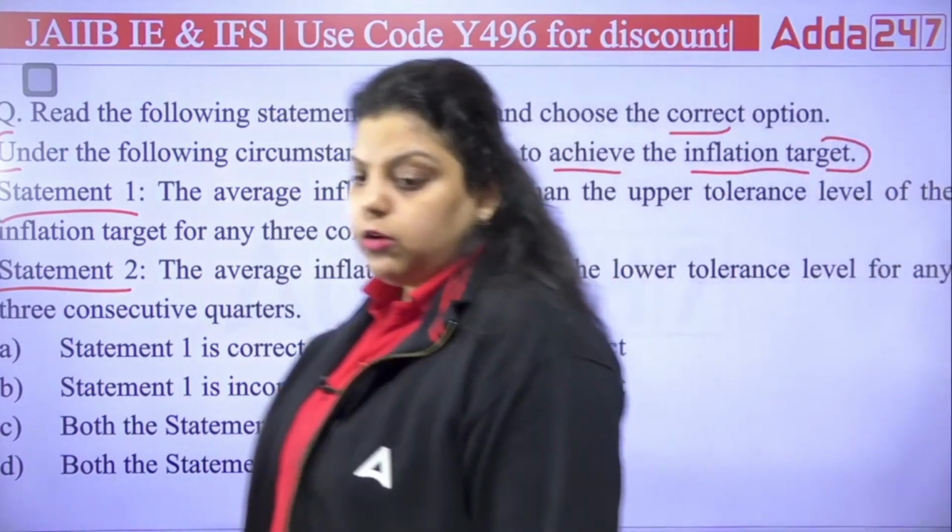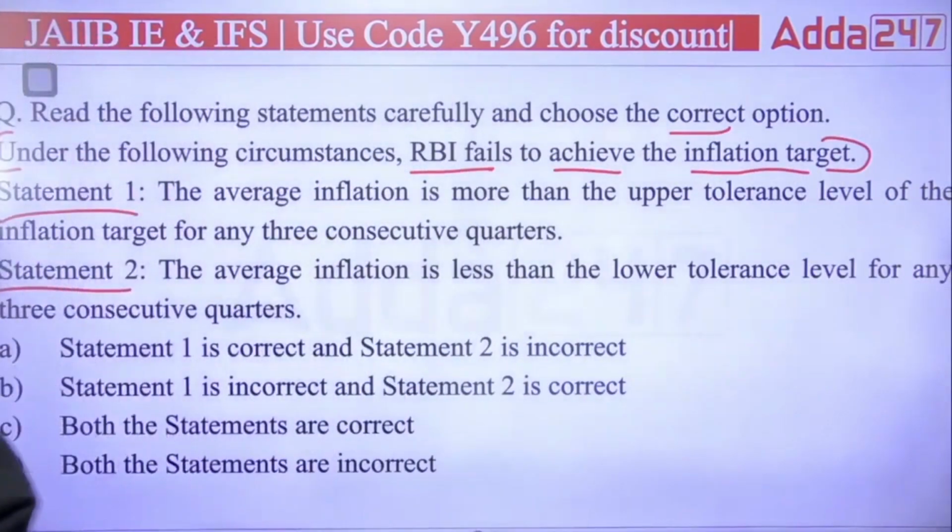So we have to find out the option here which we can say that RBI failed to achieve the target here. Sorry. So which of the following will be correct here?